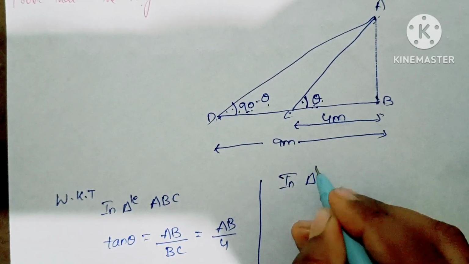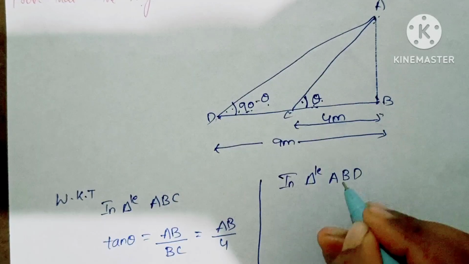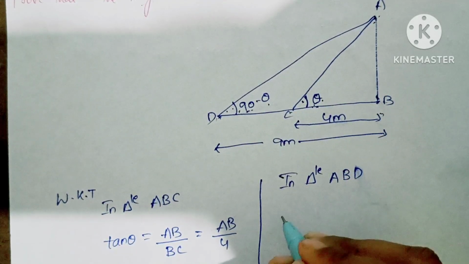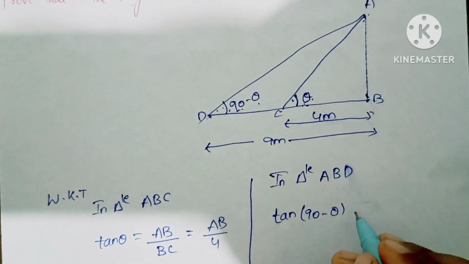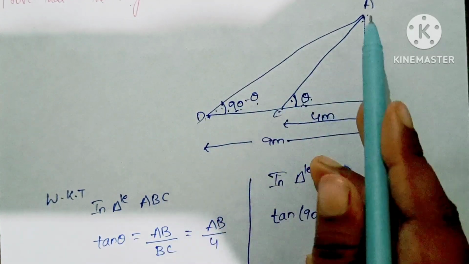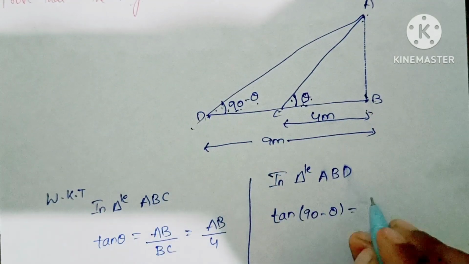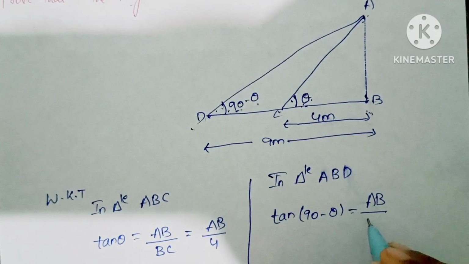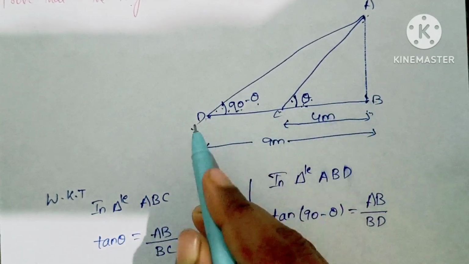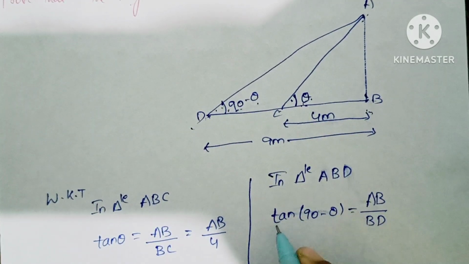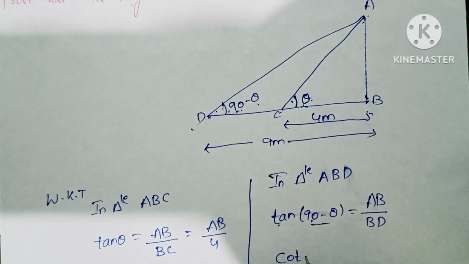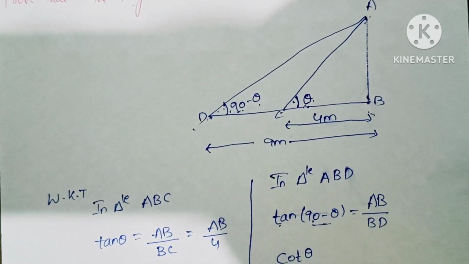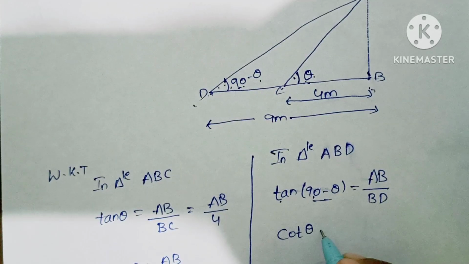In triangle ABD, tan of 90 minus theta equals AB by BD, opposite by adjacent. Tan of 90 minus theta converts into cot theta, and since 90 minus theta is in the first quadrant, where all are positive, cot theta is positive.